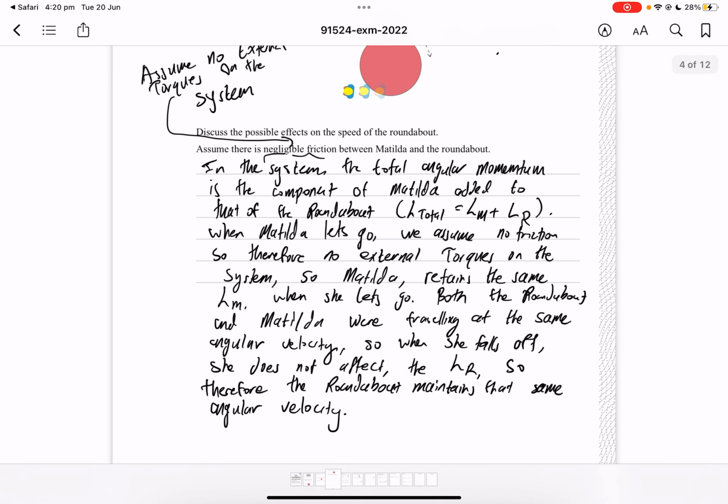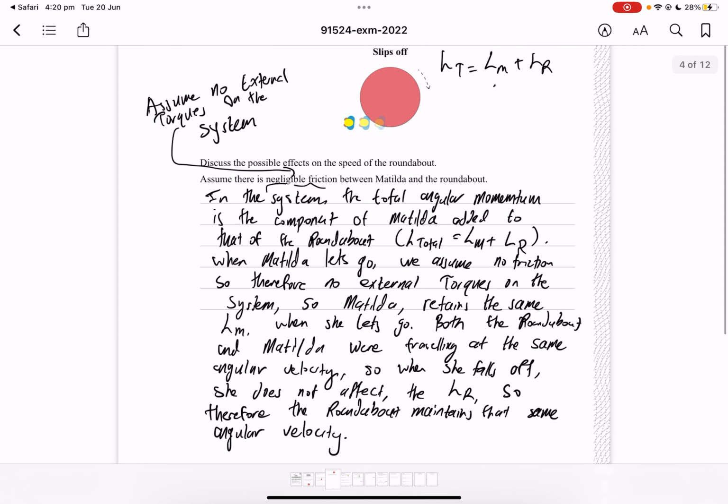And for part II, you need to be talking about how Matilda does not exert any torques onto the roundabout component. So therefore, the component of momentum of the roundabout stays the same. And since there are no external torques on the system, therefore, the roundabout maintains the same angular velocity as it was traveling at when Matilda was still on the roundabout.